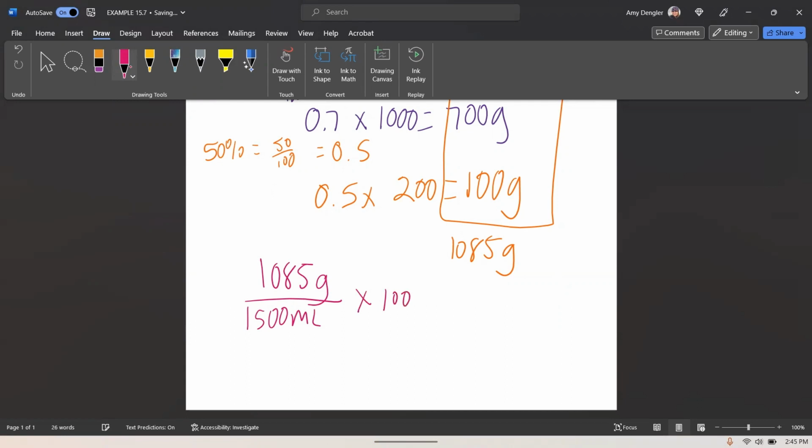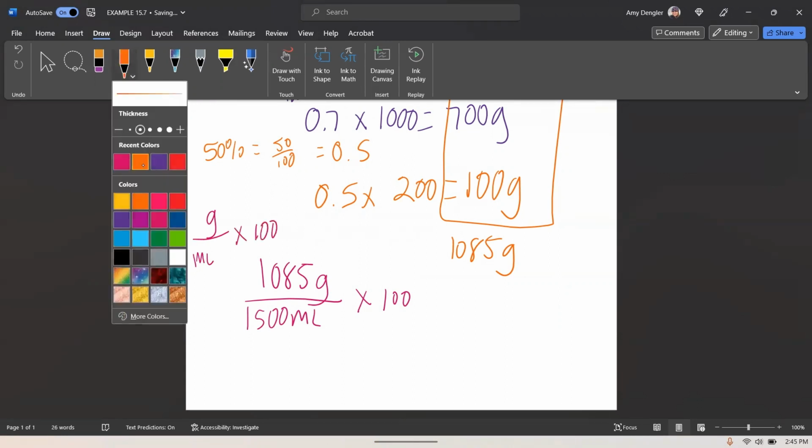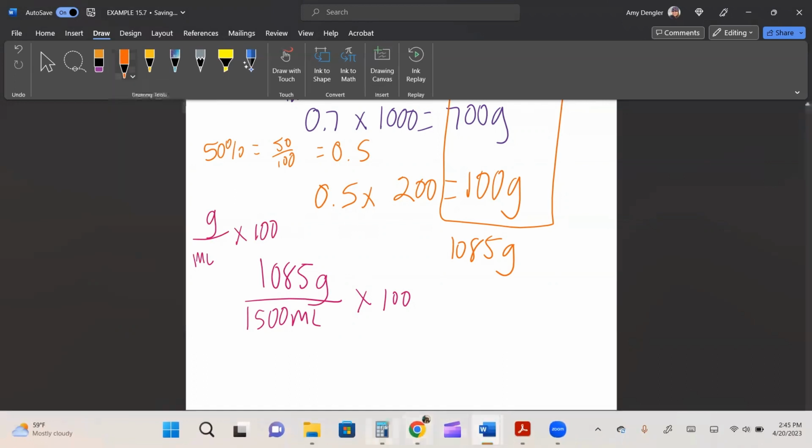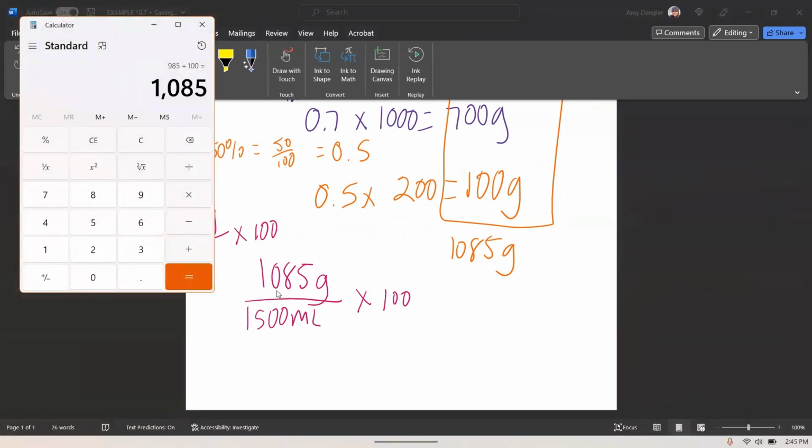And the formula that I have is just grams over milliliters times 100 for this. And then we're just going to take out our calculator and go 1,085 divided by 1,500 times 1,000. Or sorry, times 100. And we get 72.3 grams.